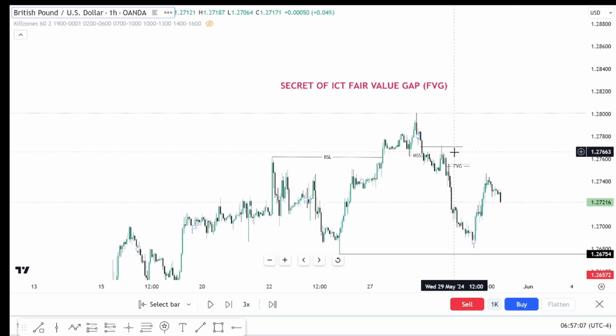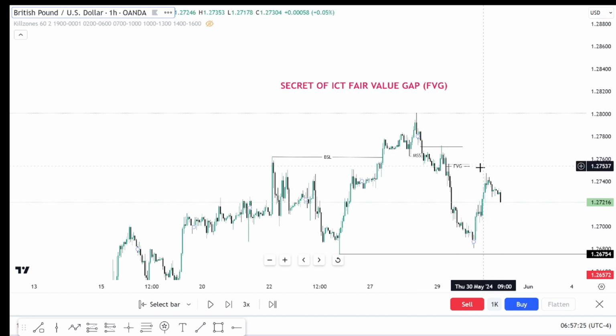And that is what happened here. You can see the candle wick filling the fair value gap completely, but the body closed below the fair value gap. This is a perfect fair value gap, right? And you now continue to see price moving lower.